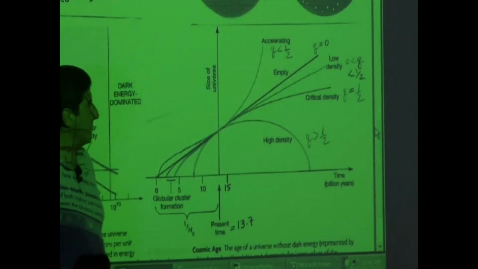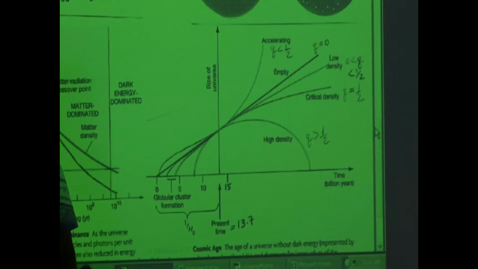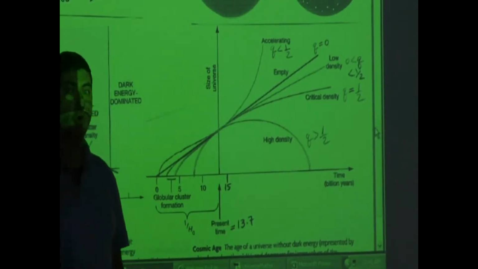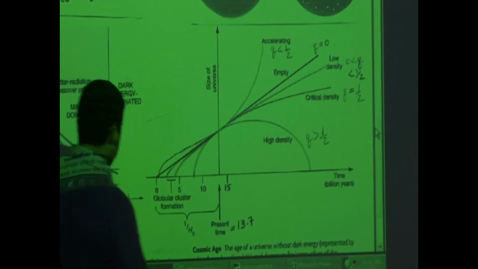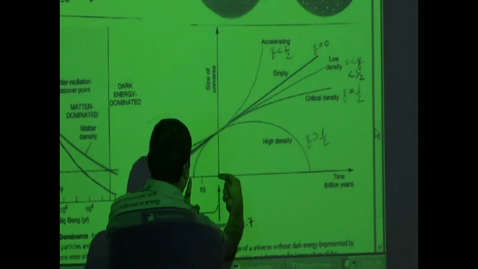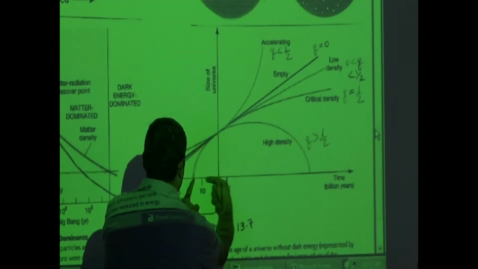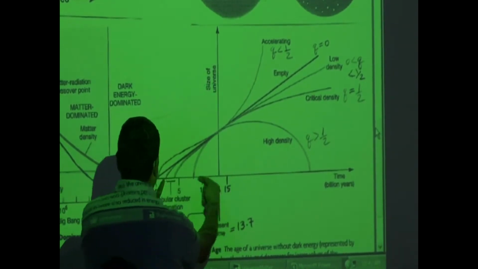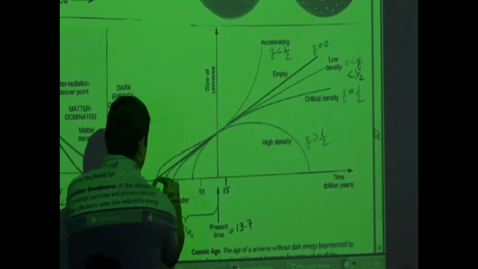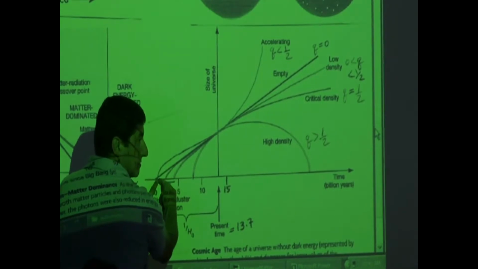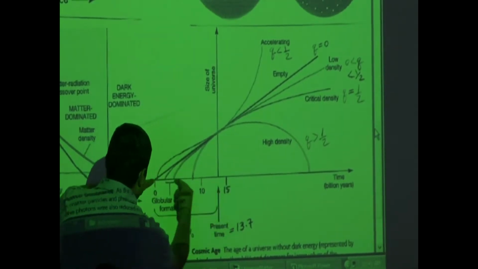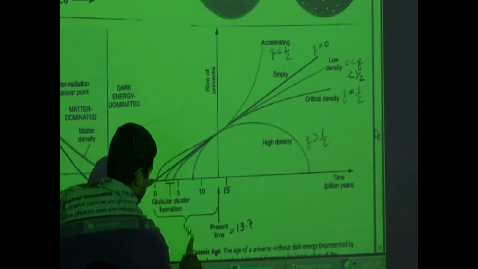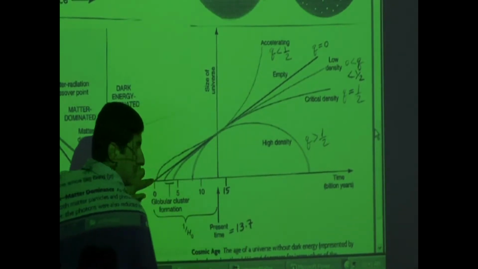You see? Now, the other way to test this model is to predict how old the universe is. So go back in time, go back in time, and ask yourself, when did the Big Bang begin? You see? The most that it could have begun was the Hubble time, 13.7 billion years ago.